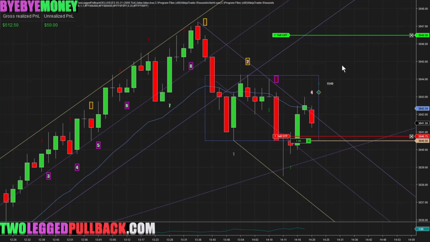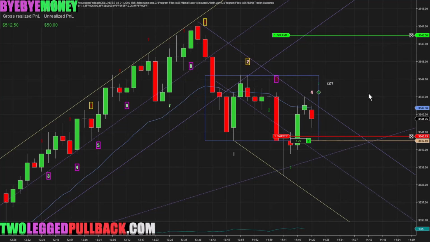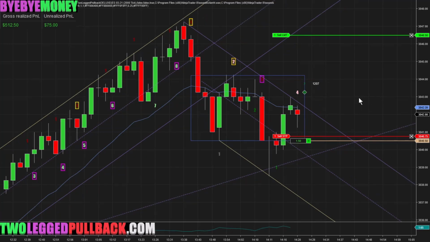That's kind of why I put my target up here. Now, will I get stopped out? Most likely we'll get stopped out, but who knows? Chances of runners really going crazy is very little chance. I would say like 10% maybe chance.